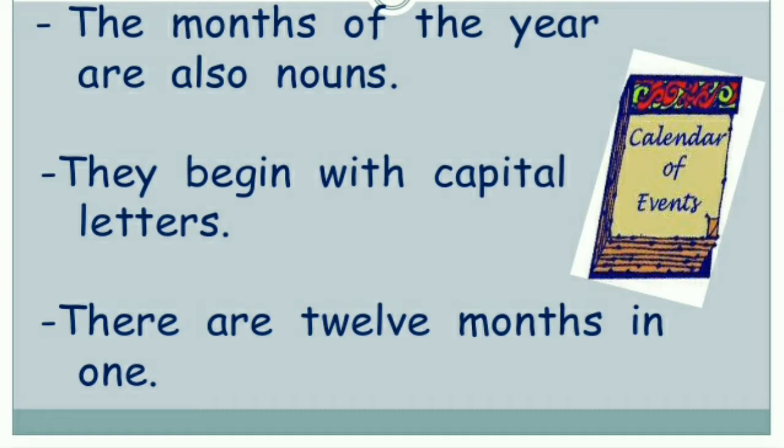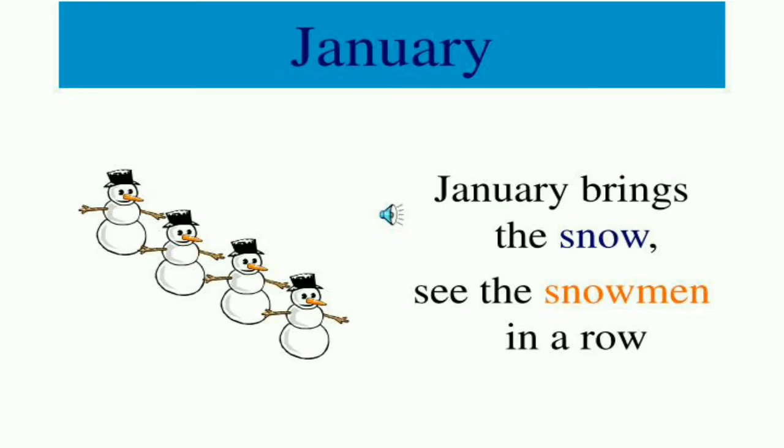So children, you all understand that the months of the year are also nouns, and they begin with capital letters. Now we are going to learn the details about all the months. Number one, January.